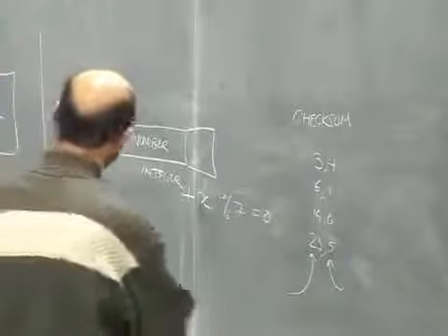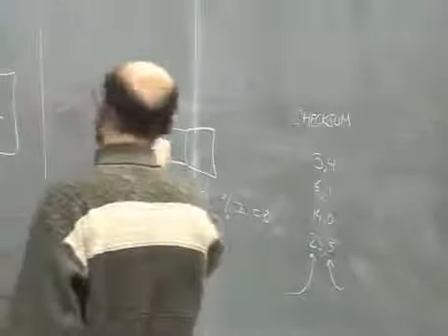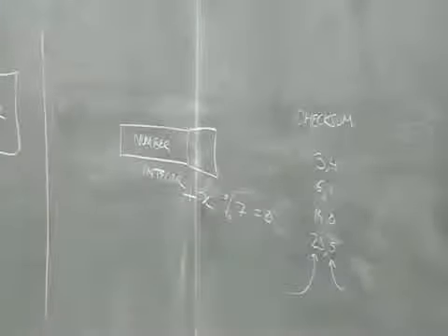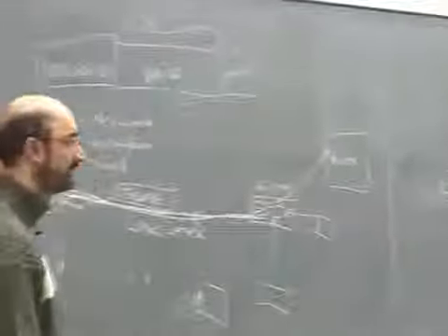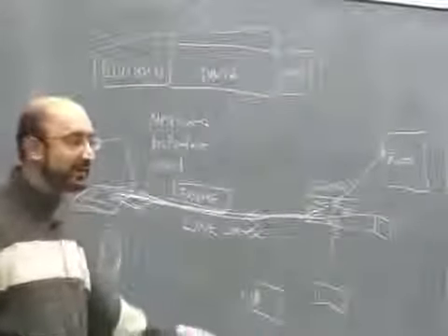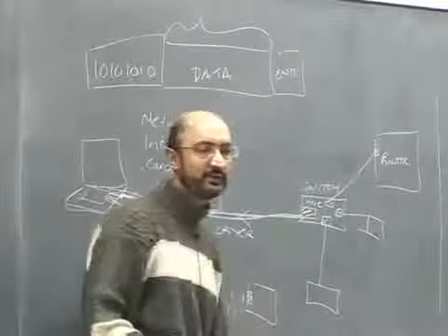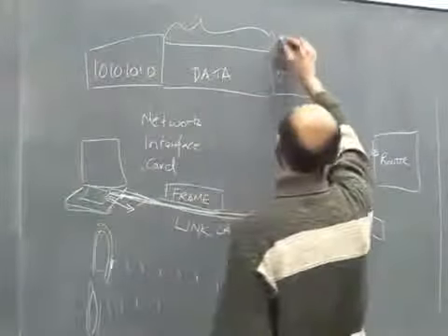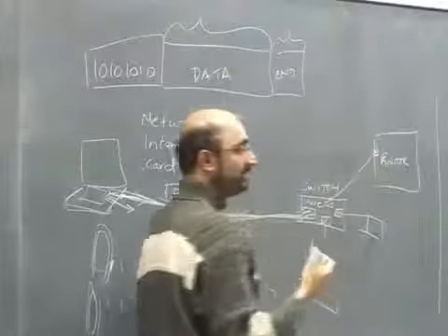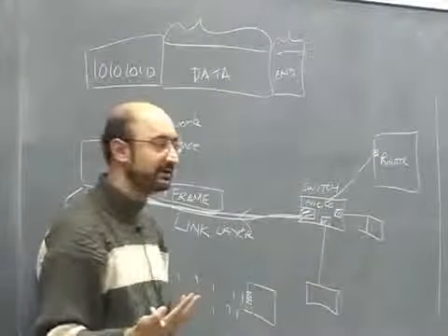The way it actually works is that we take all the bits in the frame, all the data in the frame, and interpret it as a large binary number. If it's 1,000 bits, it's a 1,000-bit binary number. To the end of it, we add a certain number of bits, typically 32 bits.